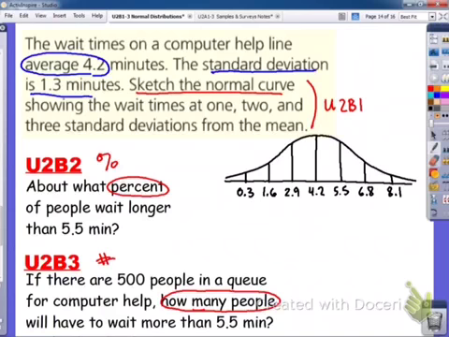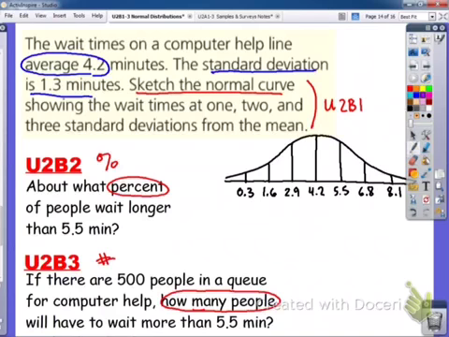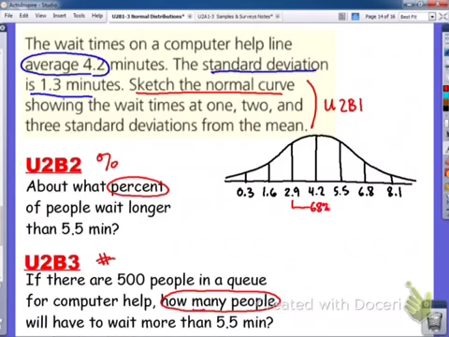All right. So I know that I have 68% here. I know that I have 95% falling within 2 standard deviations from the mean. So within 2 standard deviations of the mean falls 95% of the data.